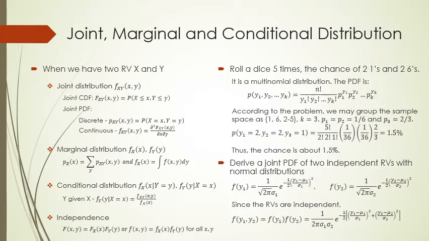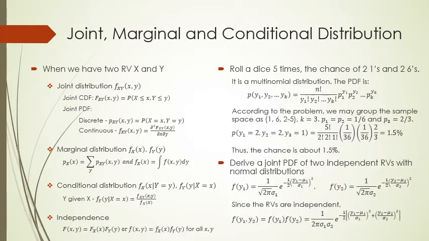When we have more than one random variable, we use the subscripts in the distribution function to label the related random variables. The joint cumulative distribution of x and y is capital F with subscript xy, which is the probability of random variable x equal to or smaller than value x, and the random variable y equal to or smaller than value y.